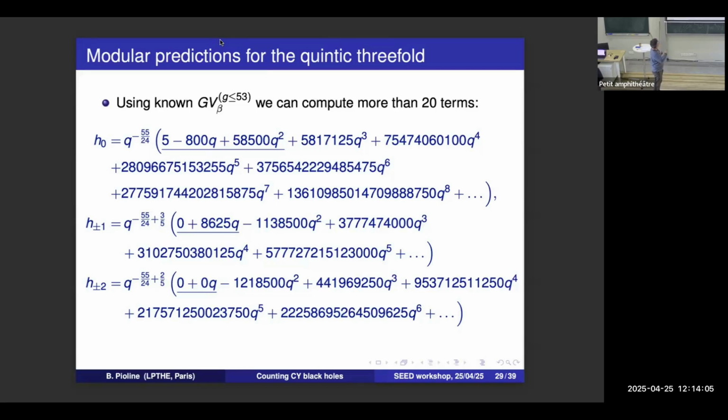From the knowledge of these 7 numbers, and in fact it was already done many years ago by Gaiotto, Strominger, Yin, who did a similar computation even though they did not have any mathematical control, you can guess all the other ones, an infinite series of them, if you assume modularity. But using these wall crossing arguments, we could independently compute all those numbers and so get like 20 minus 7 checks on modularity for the quintic.